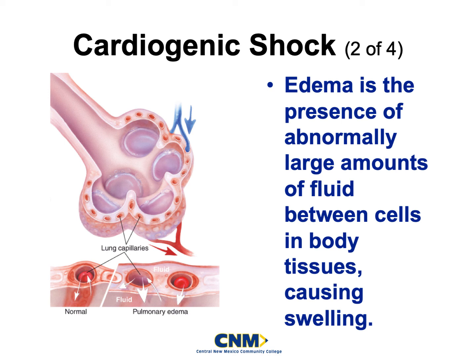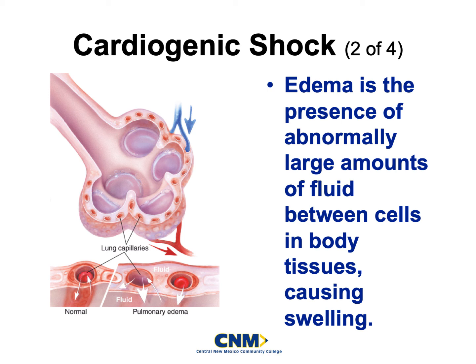The problem is that the presence of edema is usually abnormally large amounts of fluid between the cells and the body tissues, which actually start to cause swelling. This means that our fluid is not in our cardiovascular system anymore. We are starting to third space that fluid from our cardiovascular system into our interstitial space, okay?